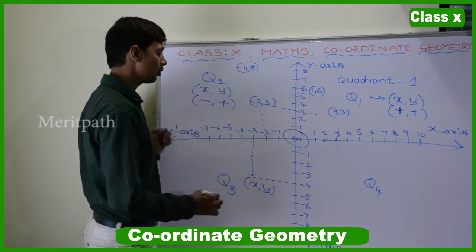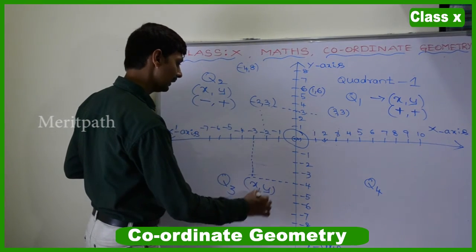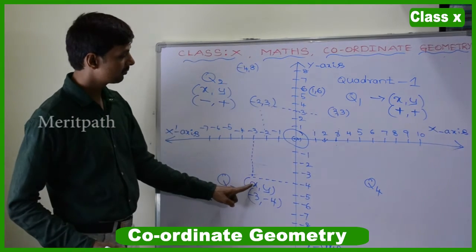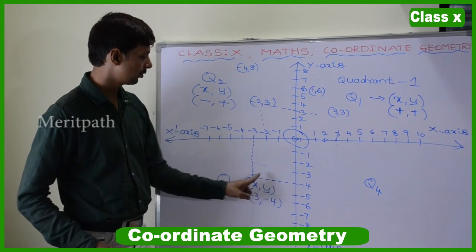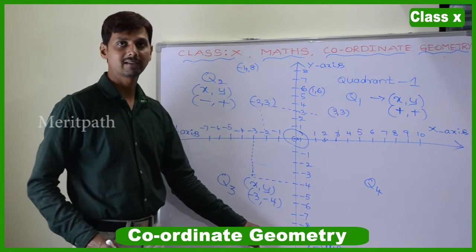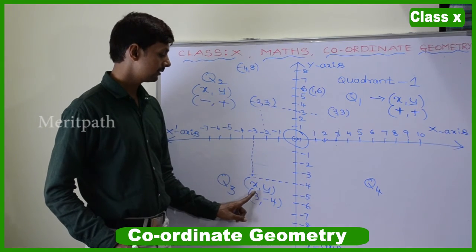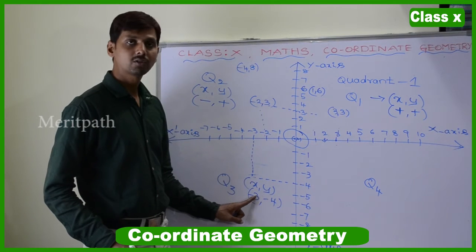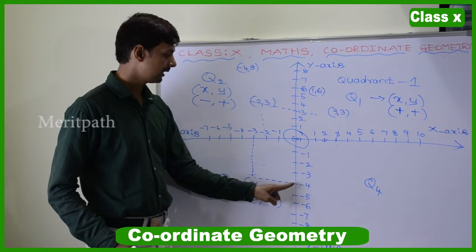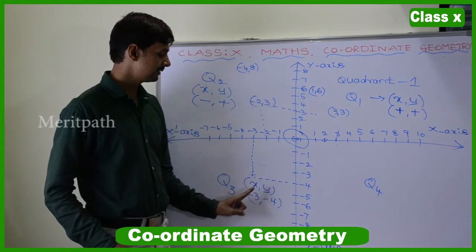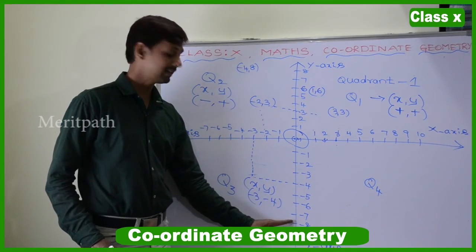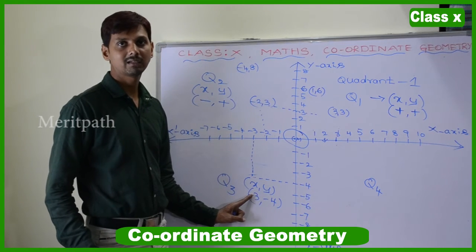And we know that the x coordinate of the point here is -3 and the y coordinate of the point is -4, because the distance from the y axis is 3 units, and this is the negative side of the x axis, so that's the reason we'll be getting minus here.